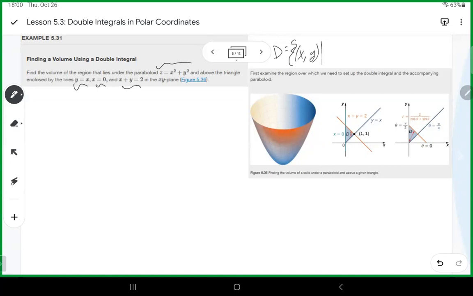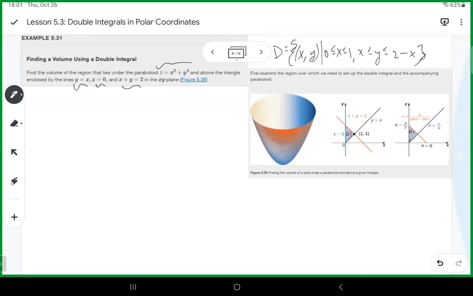X, Y, 0 to X to 1, X to Y to 2 minus X. Okay. And then what you want to do is convert the lines to their polar coordinates.